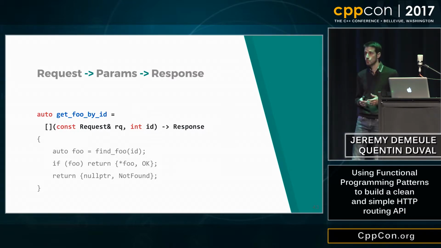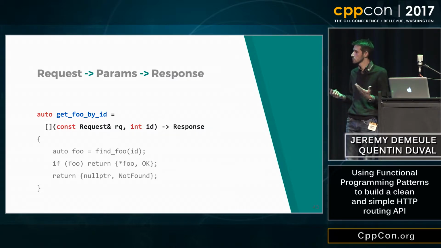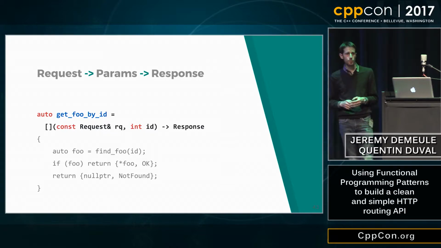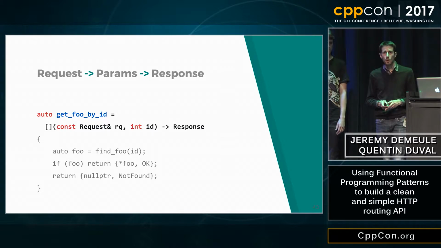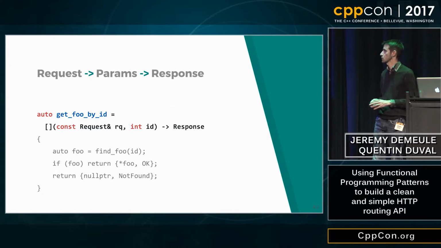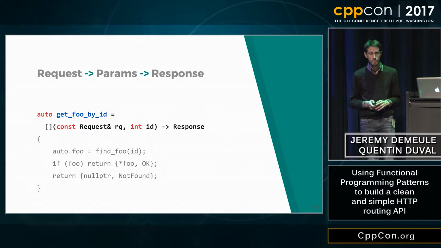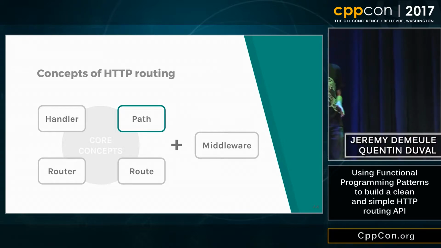Applied to C++, this is just a simple function with the request and additional parameters, and it returns the response as output by, of course, calling the right business code. We don't need any interfaces nor dependency injection of any sort, just a simple function. So that's the first concept.